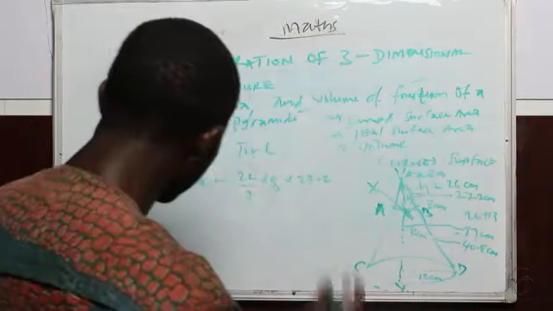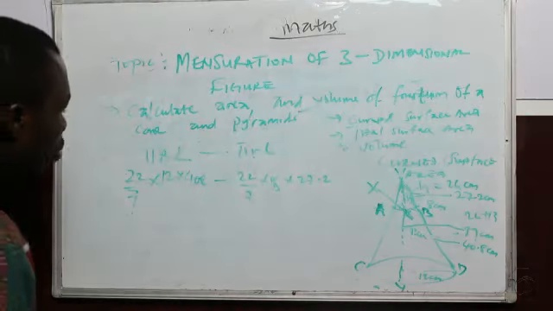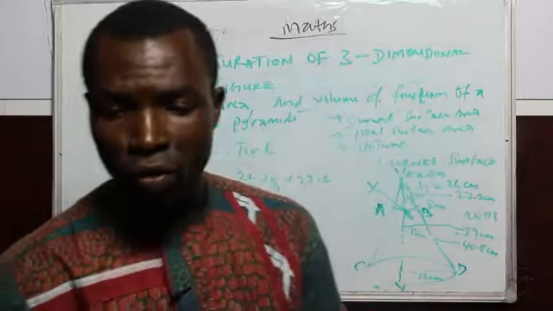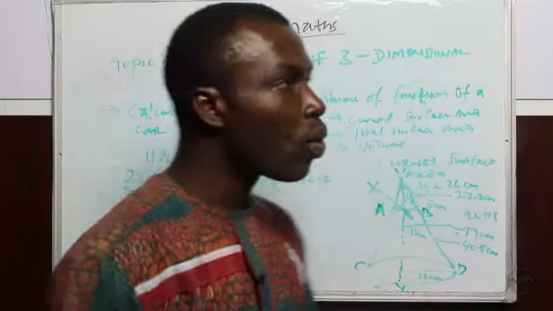So therefore, substitute your values into it. 22 over 7 times 12 times 40.8.